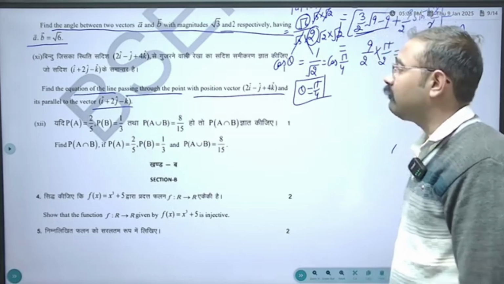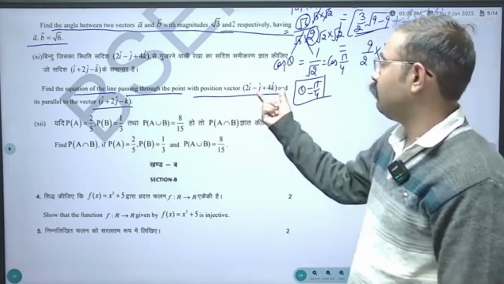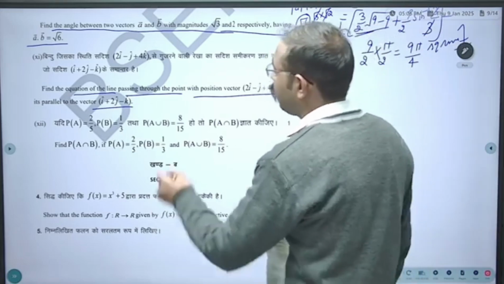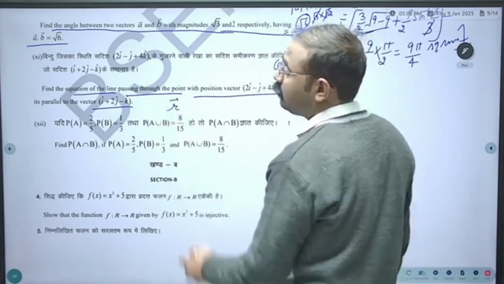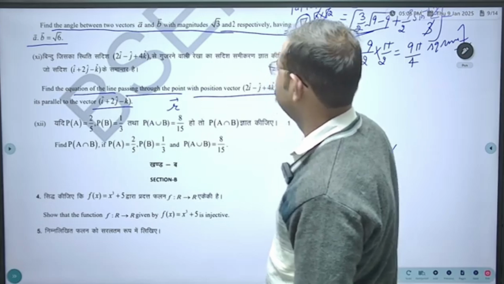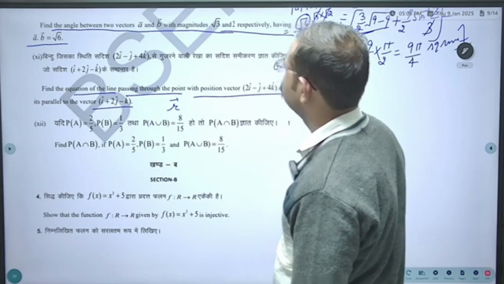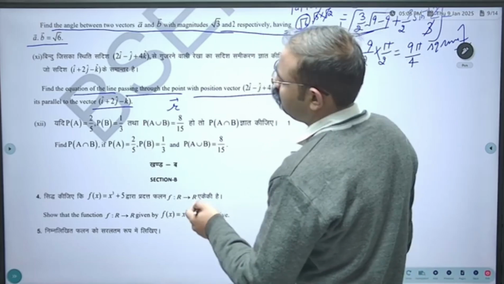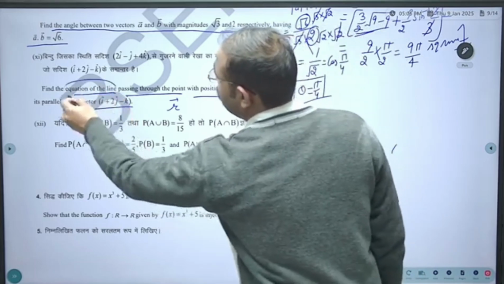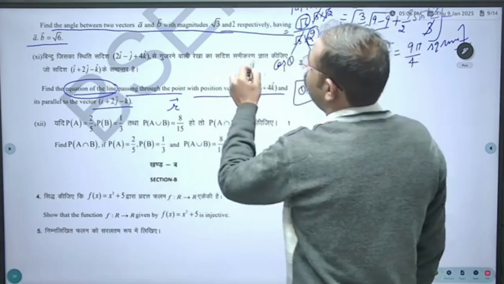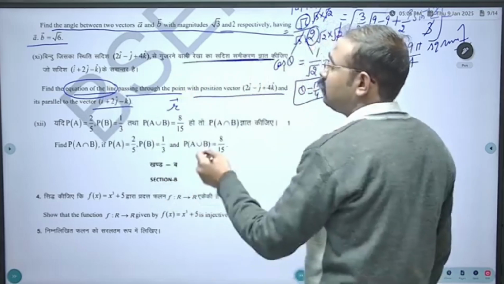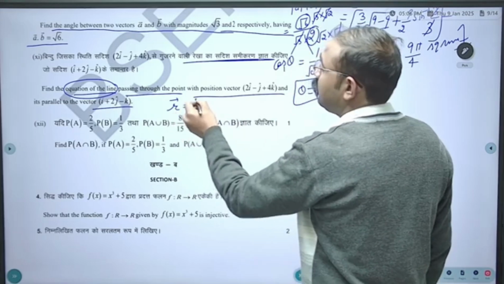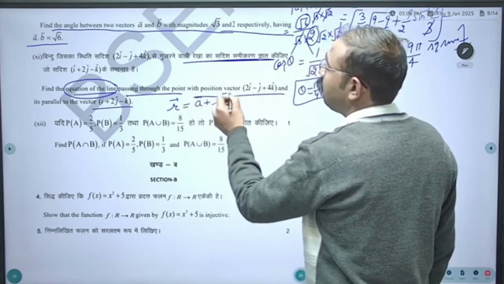The position vector is given and the parallel vector is given, so we have to find the vector equation of the line. The vector equation is a vector plus lambda b vector.